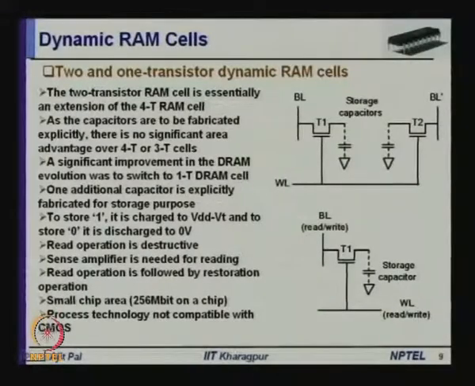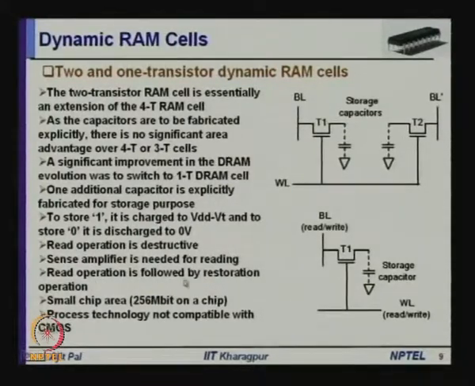That means the information that is being stored will be destroyed after you perform a read operation. Then what you have to do? After you have performed a read operation, you have to write back the same data. Since the read operation is destructive, you have to restore the data.